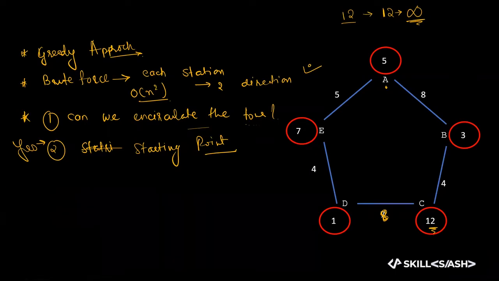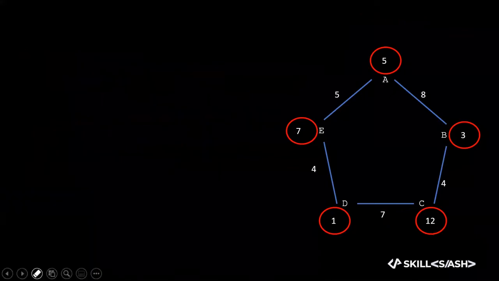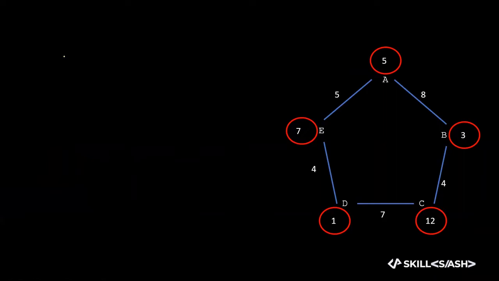When we were thinking whether we can encircle or not, we were seeing that we have 5 liters of petrol initially. Let's say we are starting from A, and then we can go in only one direction, which is 5 to E. Why? Because only 5 kilometers of distance can be covered with 5. So that means we have 1 kilometer per liter, which is given to us as an average.